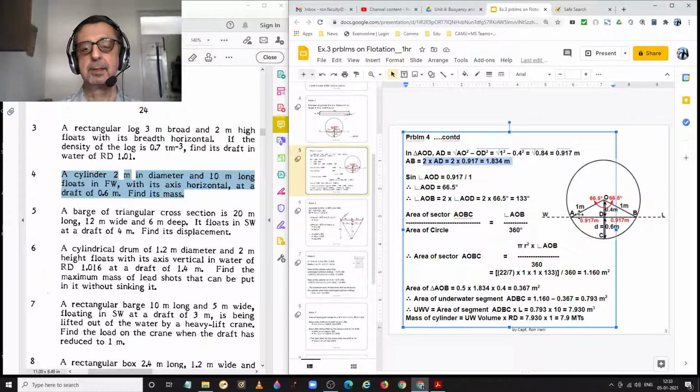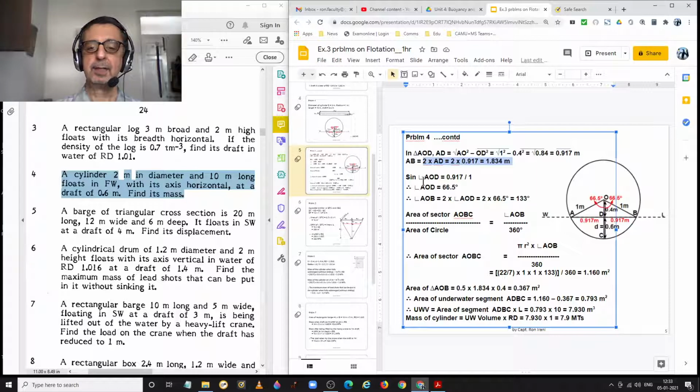Now we take the sine of the angle AOD. Sine of the angle AOD is equal to opposite upon hypotenuse. We have calculated above AD is equal to 0.917 and the hypotenuse is the radius, that is equal to 1.